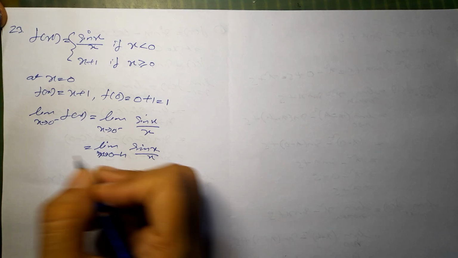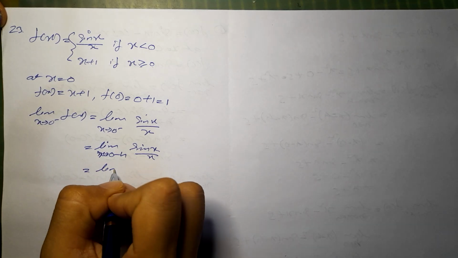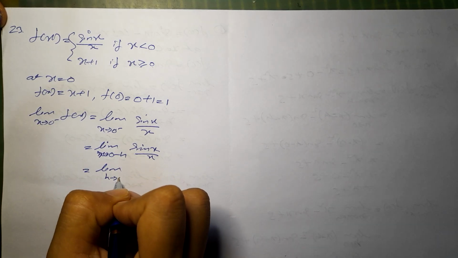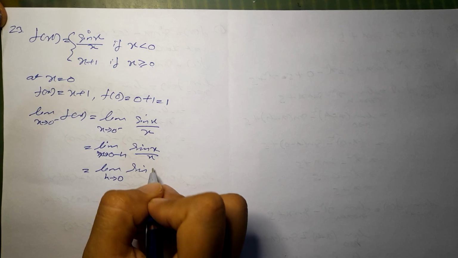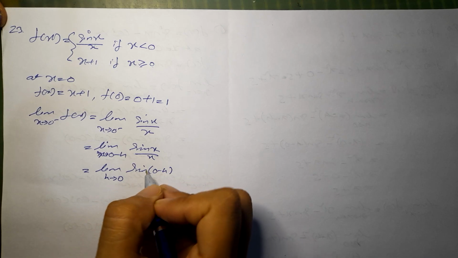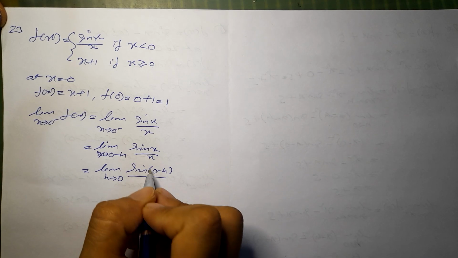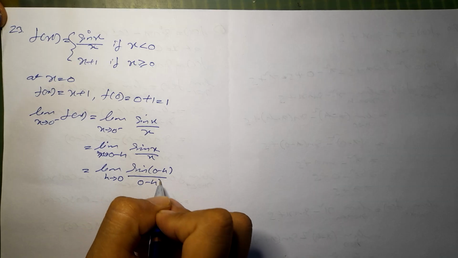Now x will be replaced by 0 minus h: limit h tends to 0 of sin of (0 minus h) divided by (0 minus h).